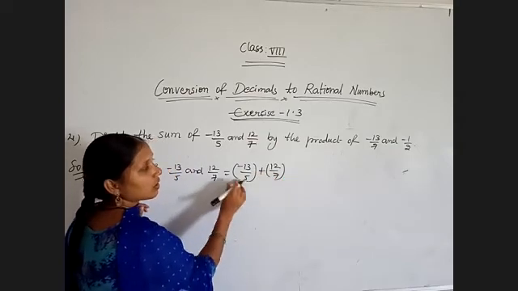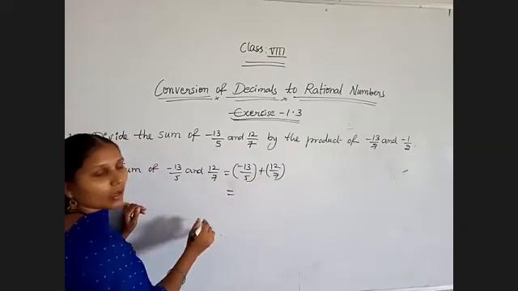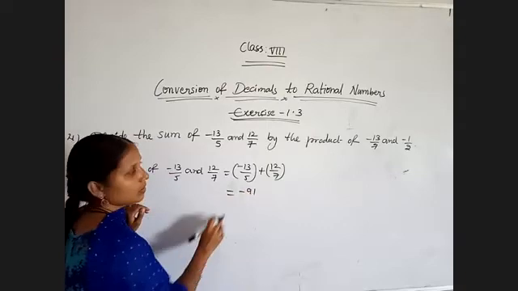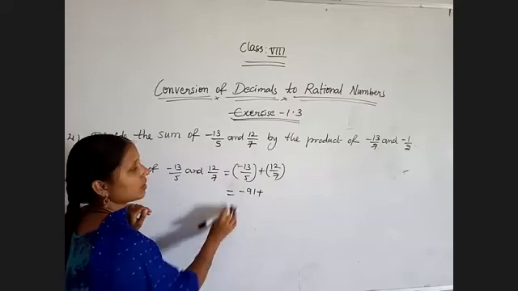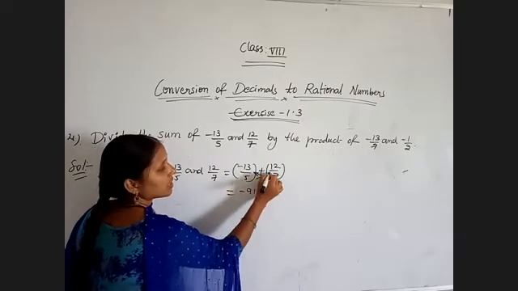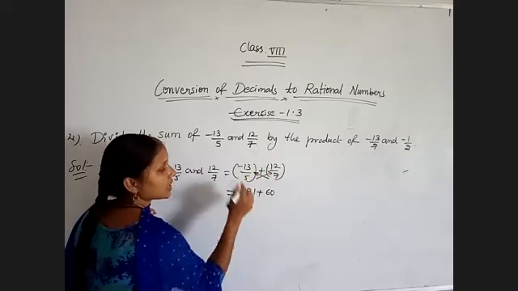So addition, go for cross multiplication. 13 sevens are, okay, 91. Because minus is there, so minus 91. Between them plus we have to write plus. 12 fives are 60. Go for cross multiplication, that's all. 13 into 7, 91. 12 into 5 is 60.